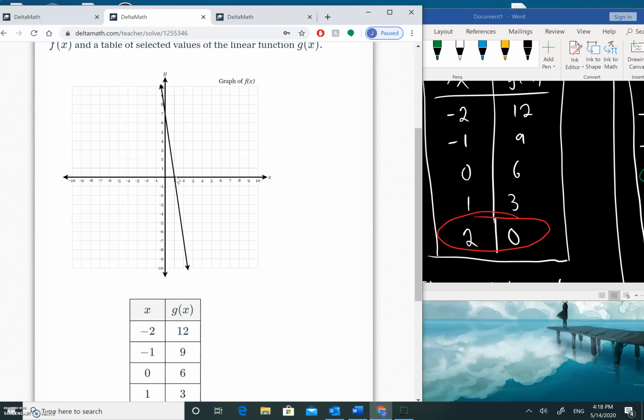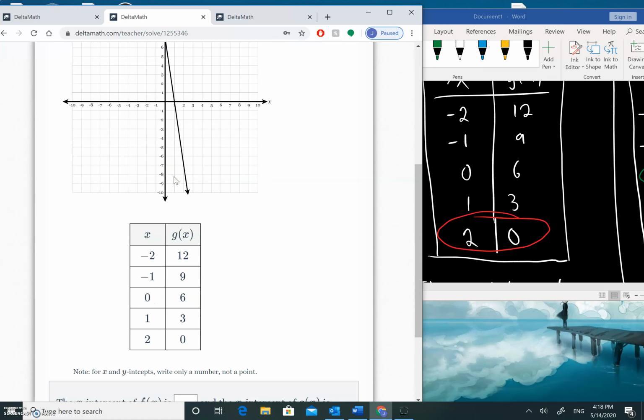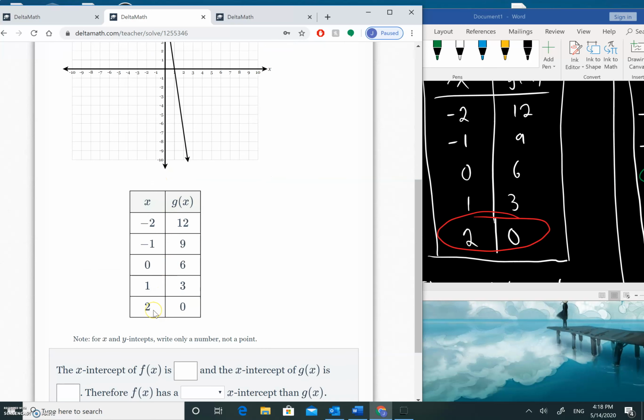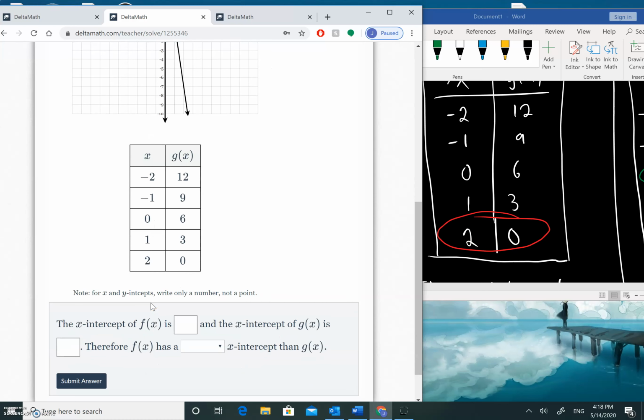Well, which one is the x-axis? The x-axis is this horizontal line. Therefore, my x-intercept is 1. And then for the other one, my x-intercept is 2. So that means that the top one, which is f of x, is smaller than the one that we have on the bottom, which is g of x. So the x-intercept of f of x we said was 1. And the x-intercept of g of x is 2.